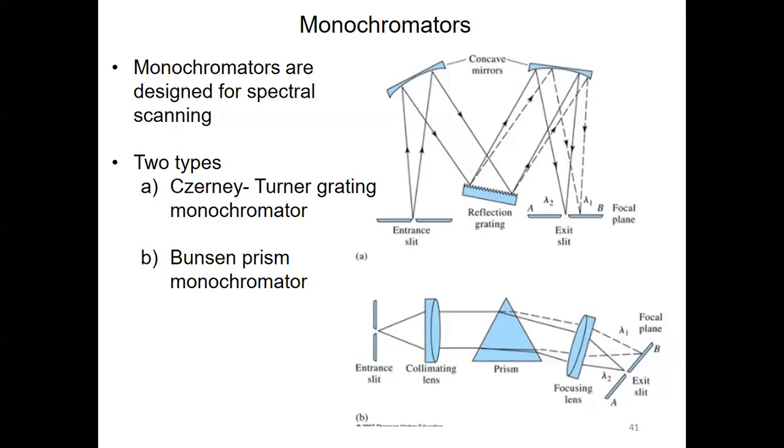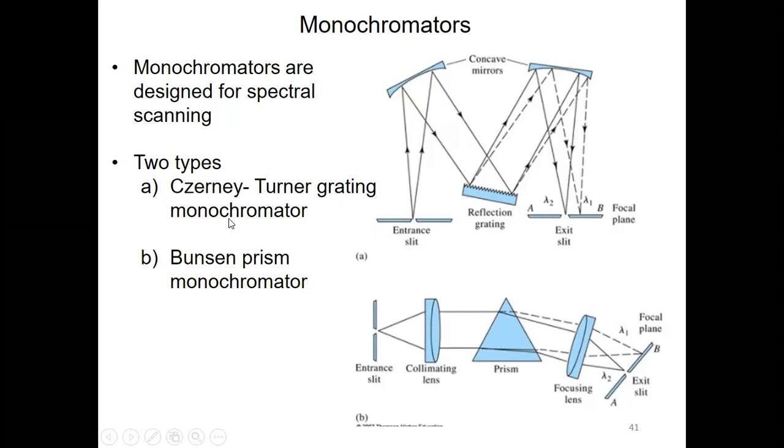Normally in the UV-Vis spectrophotometer, the wavelength selectors that we use are monochromators, right? When we talk about monochromators, there are two types: the grating monochromator and the prism.